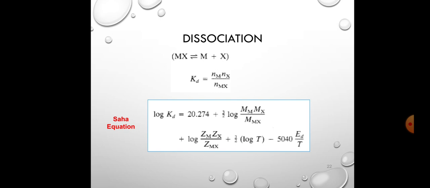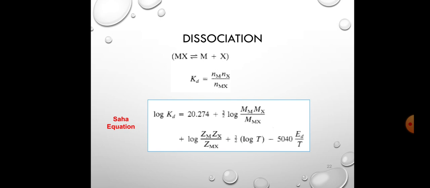But because there is a minus before this last term, it means that if Ed is smaller, then the dissociation constant is larger, and the dissociation of the sample is more. And if the temperature is higher, the dissociation will also be more.